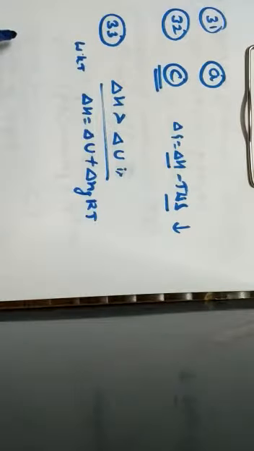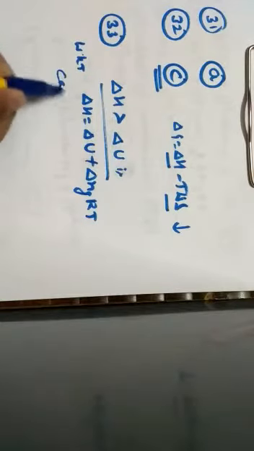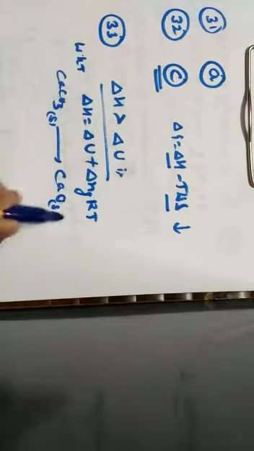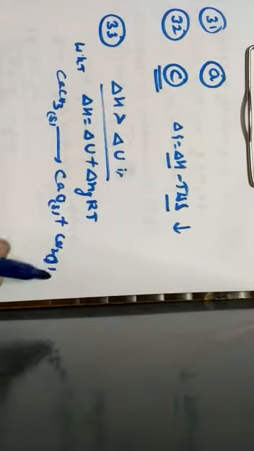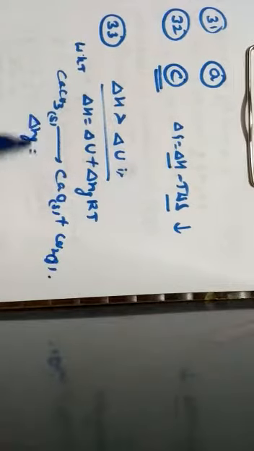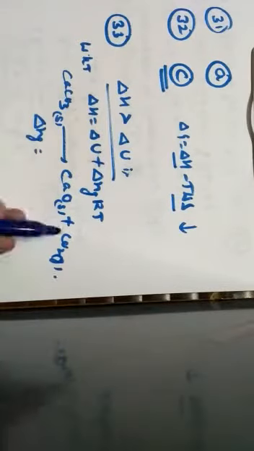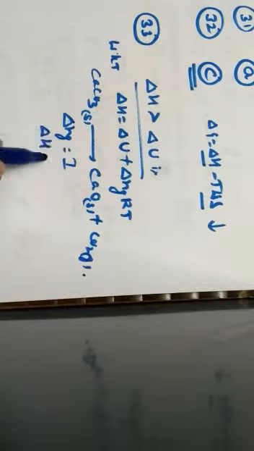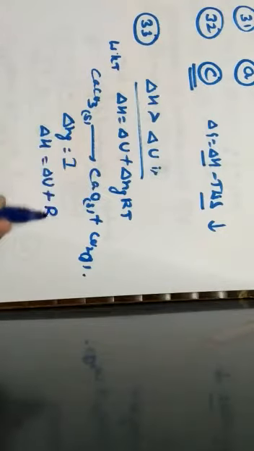When we consider the reaction, that is decomposition of calcium carbonate into calcium oxide along with carbon dioxide, delta Ng, because solids cannot be considered, gaseous is only one, that is number of moles of a gas is equal to 1. So in this case, delta H is equal to delta U plus RT.